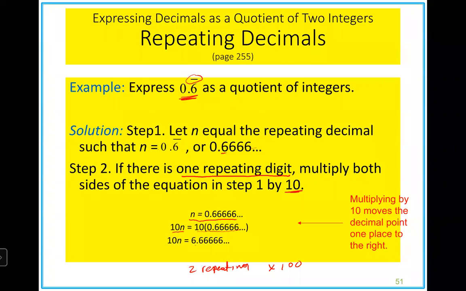So what do you think is going to happen if you have 3 repeating? Multiply by 1,000, and so on. You use the same steps, just increasing the number that you're multiplying by 10-fold.